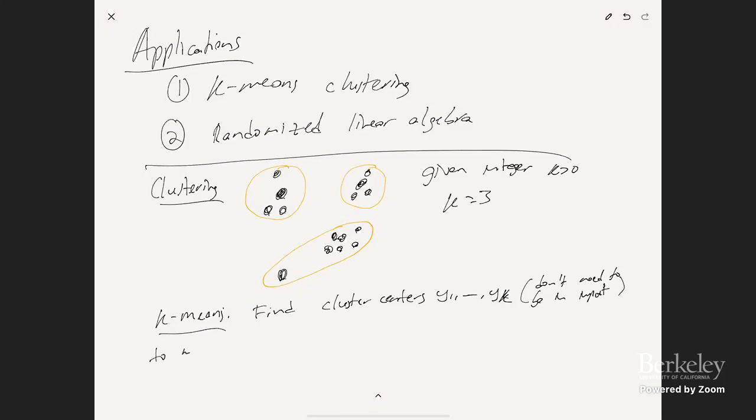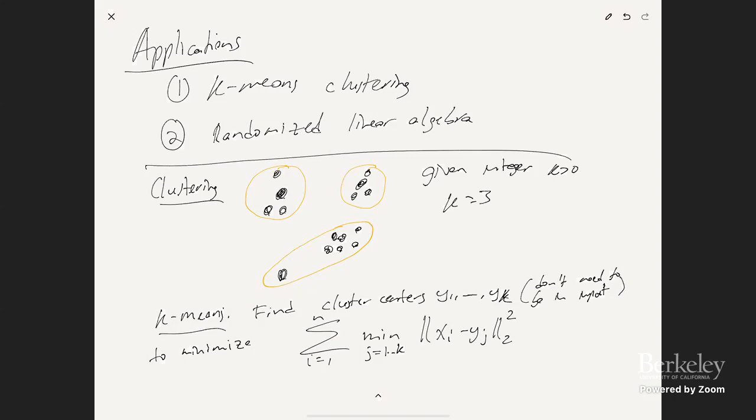To minimize the sum i goes from 1 to n of the min j goes from 1 to k of the L2 norm squared of xi minus yj. So this is the K-means clustering problem. This is an NP hard problem, but there are common heuristics, like Lloyd's algorithm.